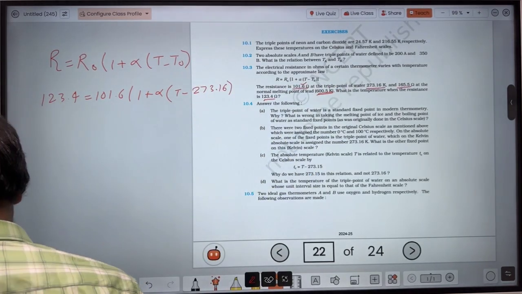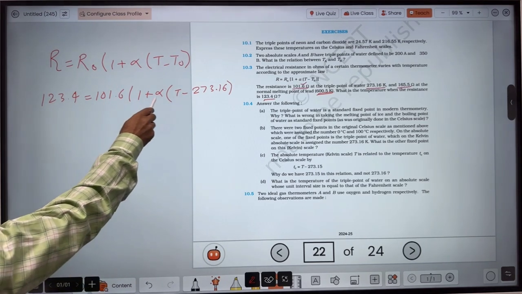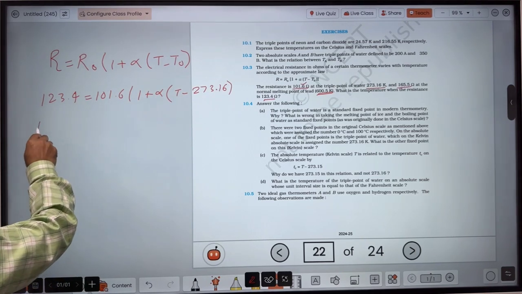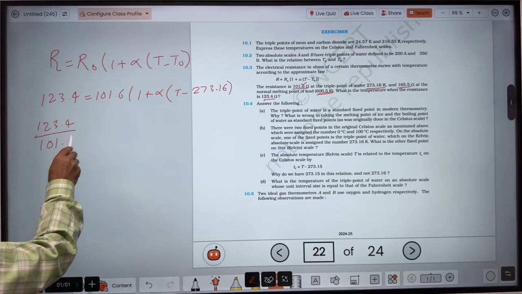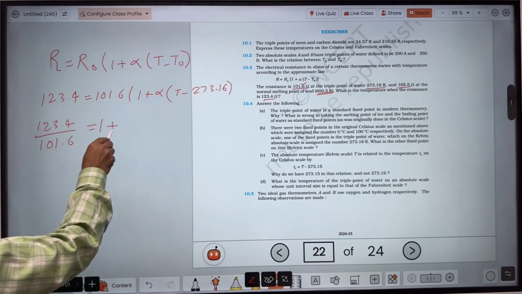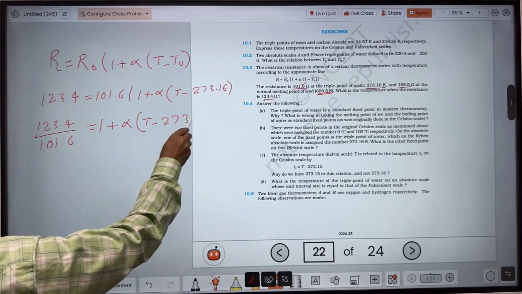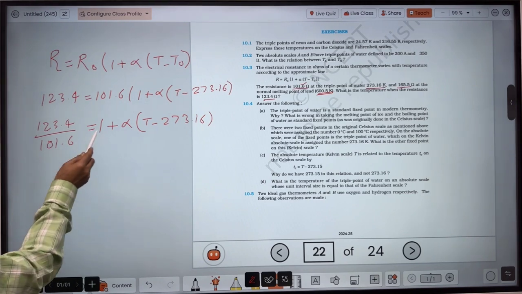So this is the first equation, and from here you can get the value of alpha, so that will make things easier. So what we can do, 123.4 divided by 101.6 equal to 1 plus alpha into T minus 273.16, right? And subtract this 1 from here.